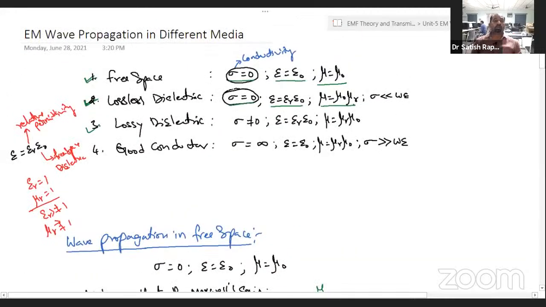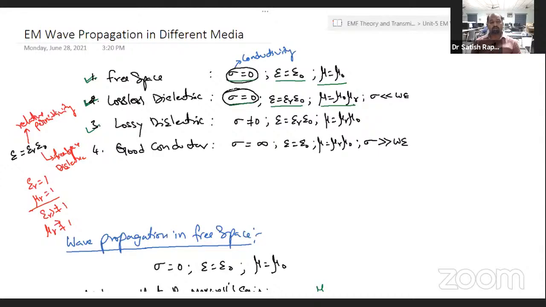I have been discussing EM wave propagation in different media. Yes, that is unit 5. My first part is the EM wave propagation in different media.